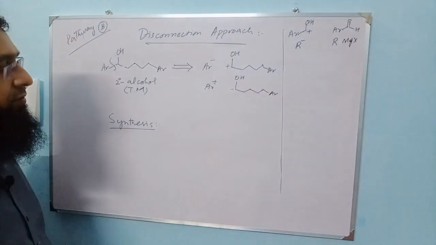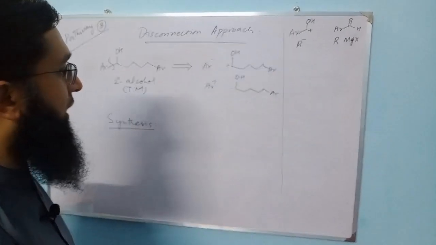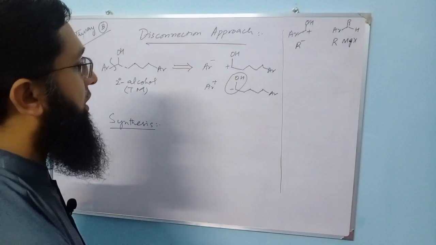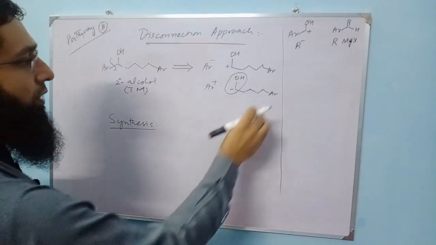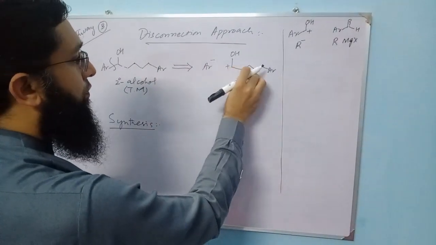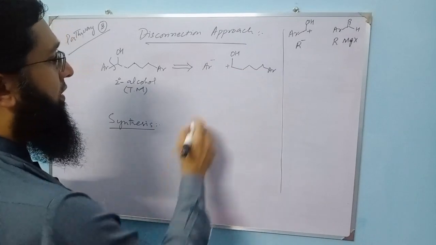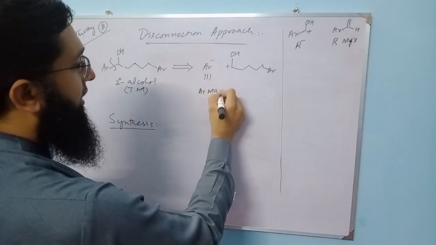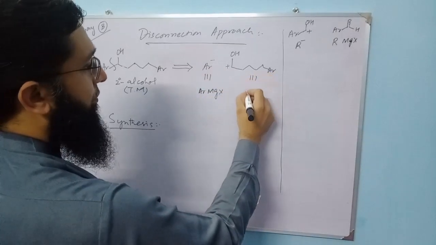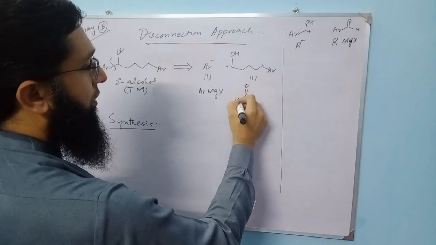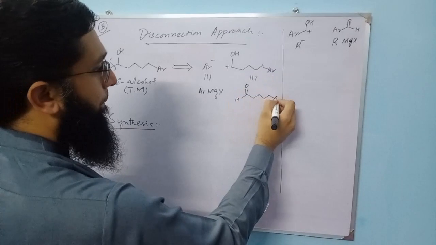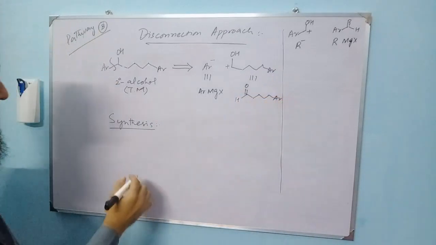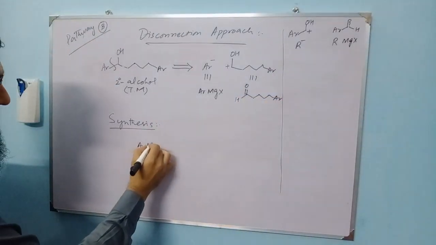But we have just explained that this combination cannot be used because of this synthon. For this we again use a Grignard reagent, and for this we can use the corresponding aldehyde. So, the synthesis.